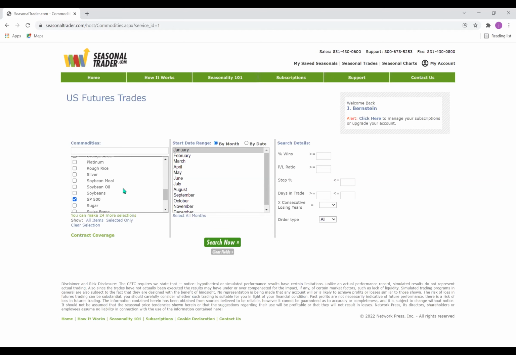And I'm going to ask the question, for the month of February, are there any trades that have been right 70% of the time or more over many years with a duration of 25 days or less? In other words, historically in the S&P, have there been any high probability short term trades? So I do a search.